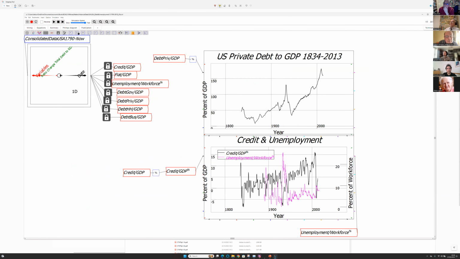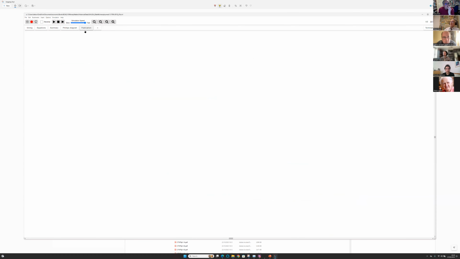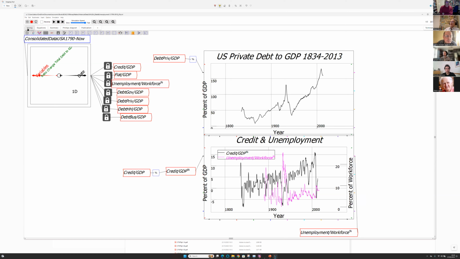So what we now have, rather than a dedicated tab for plots and a dedicated tab for godly tables and so on, we simply have a publication tab, and you can click on that and see what's in the publication tab. And you can also create additional tabs.